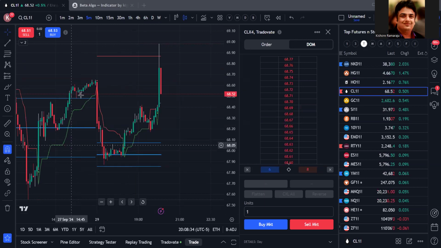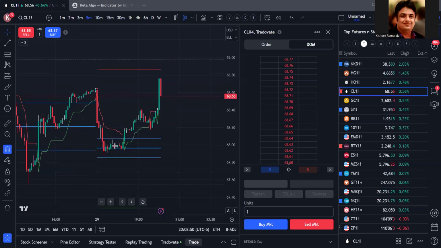On Friday the lines were very far. Today they are close. So right this morning itself I told you it can go to 69. It touched it and went all the way to 69 at 8 o'clock.